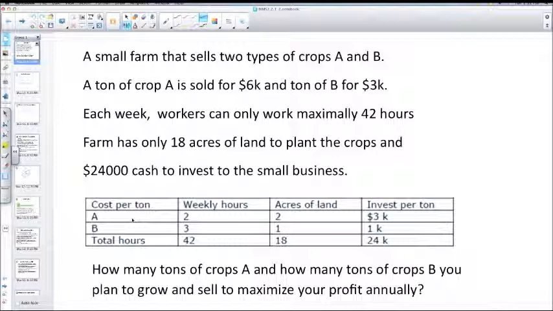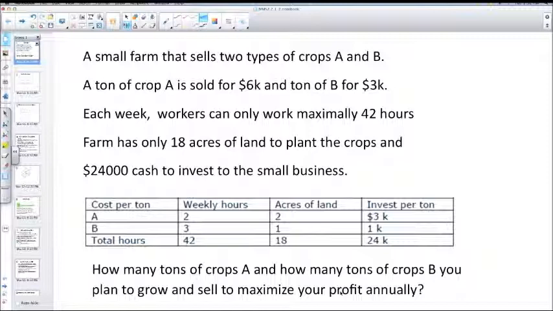Crop A per ton needs 2 acres of land, 2 hours of work on average every week, and $3,000 invested. B needs 3 hours per week for 1 ton, takes 1 acre of land, and needs $1,000 invested. The total hours, land, and money are 42, 18, and 24, respectively.